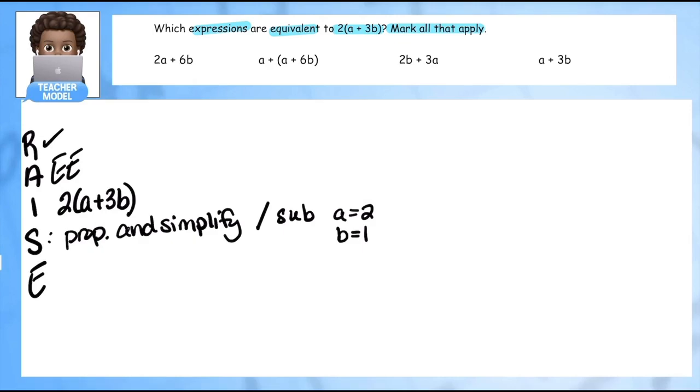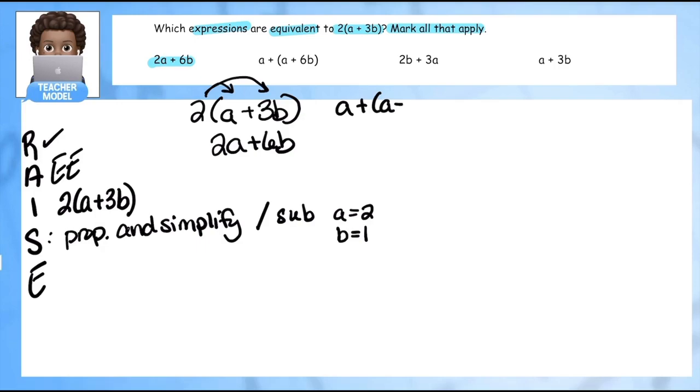All right, so here's my original expression, 2(a plus 3b), and I'm going to distribute, and I have 2a plus 6b. Okay, so I already see one expression that matches it perfectly, 2a plus 6b. The second one is not in simplest form, a plus (a plus 6b), so let's simplify that one.